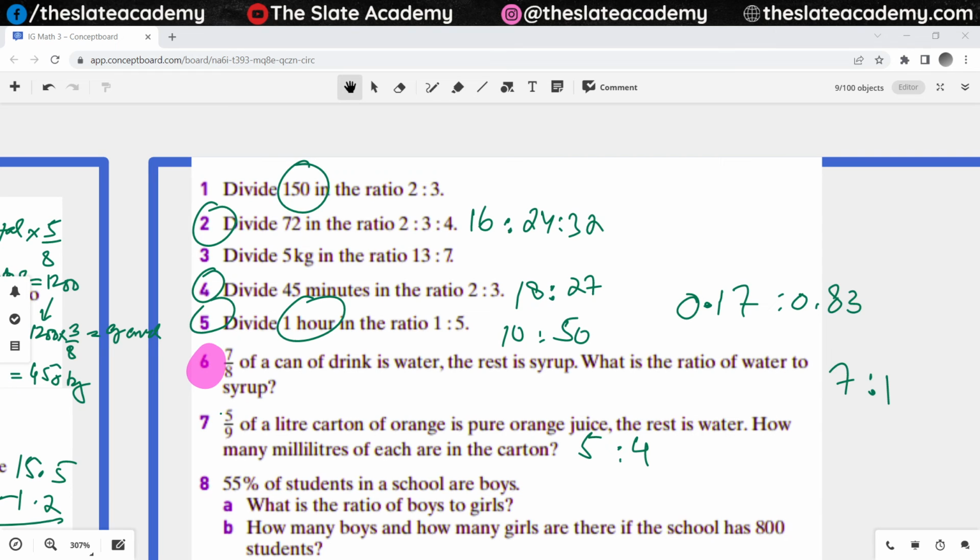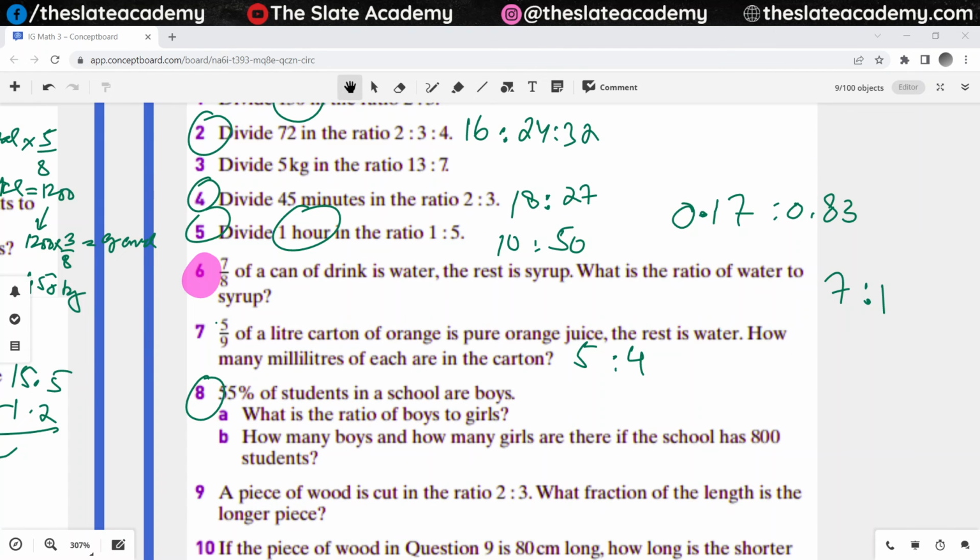Okay, quickly, how do you do question number 8? 40 over 55. Add 40 and 55, what do you get? Is 95 total of anything? What is the ratio of boys to girls? So first of all, we see it would be 55 over 100. This is boys over total.